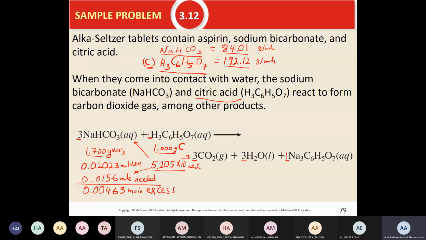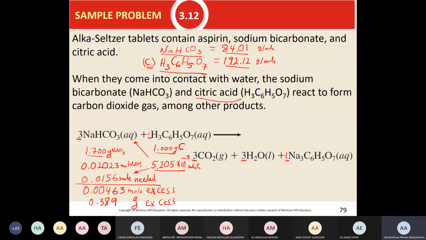Can you change it to gram? Doctor, sorry, what does excess mean? Extra. It will not react. 0.389 gram extra.